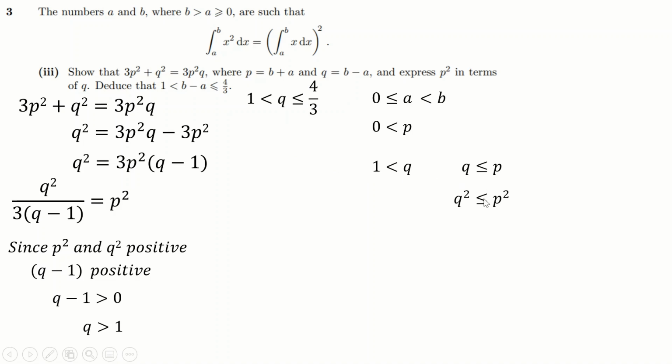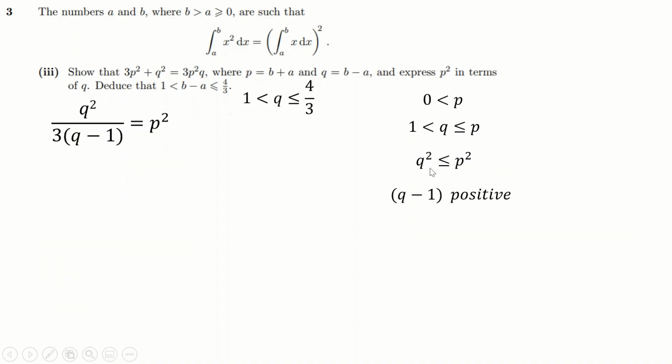Now, you have to be careful when you're squaring sides of an inequality, because it's possible that you might have to flip this sign accidentally. Because if one of your things is negative and you square, you're essentially timesing by a negative, which flips the sign. However, I know from what I've previously written down that p and q are positive. So I'm allowed to square without worrying about that. So I am allowed to say this. Okay? So that's important.